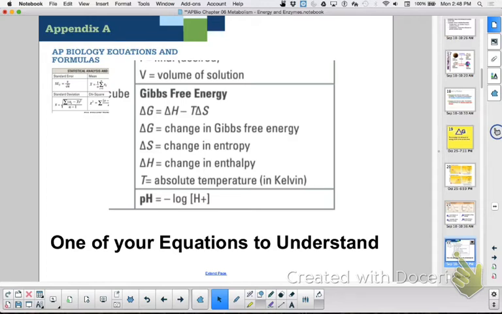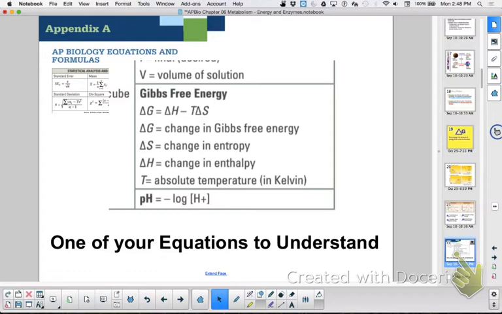But delta S is a change in entropy. Are we going to more disorder or less disorder? Right? So if I have an endergonic reaction, I put energy into it, I'm probably going to more, what? Order or disorder? Going to more order. What do we know about order? We know then that the entropy, the S, must have been small. So see how my delta G will probably be a positive number?